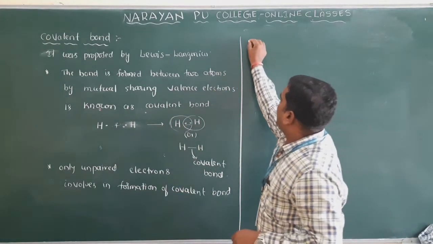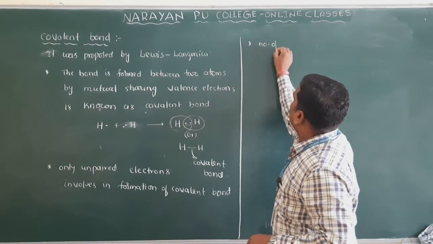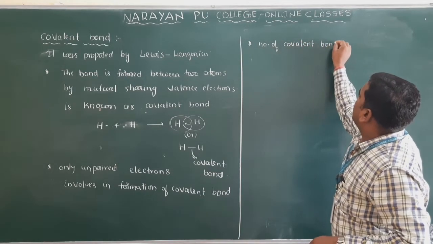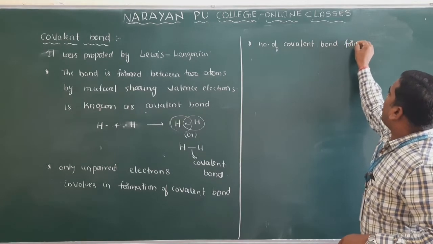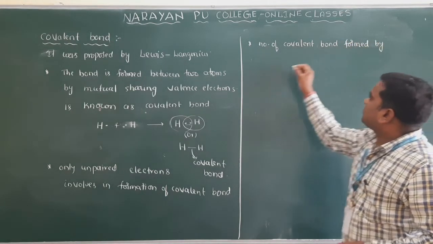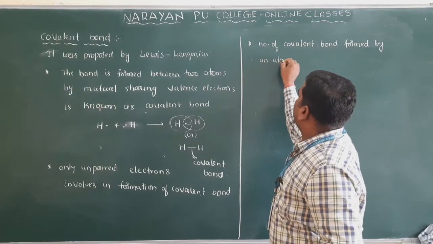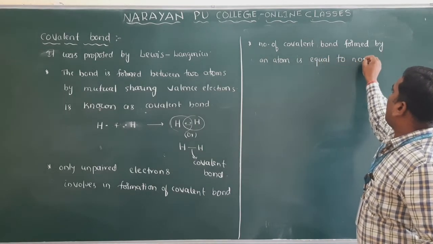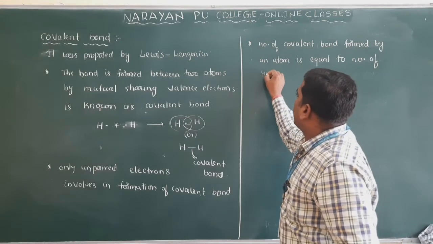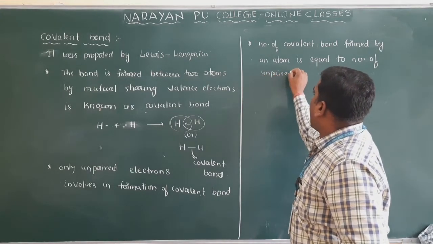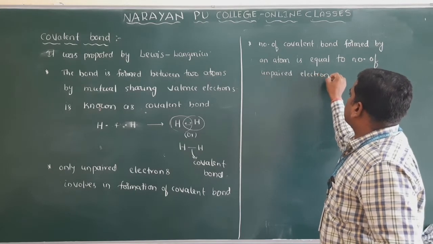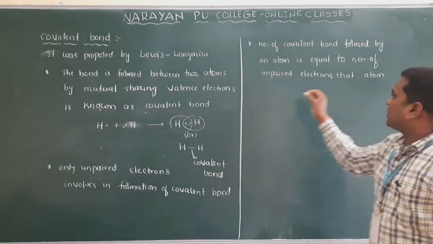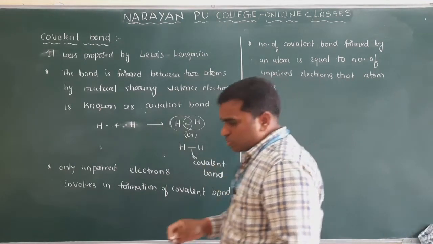A very important point: the number of covalent bonds formed by an atom is equal to the number of unpaired electrons that atom has. Clear?